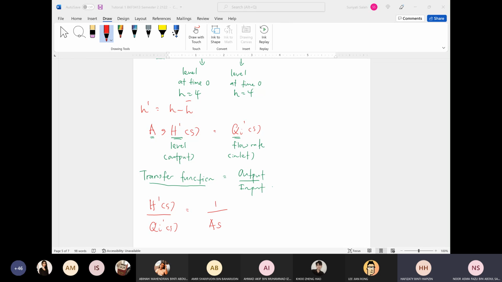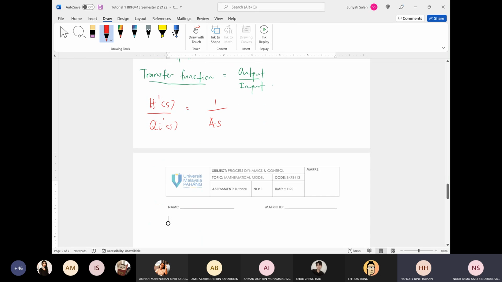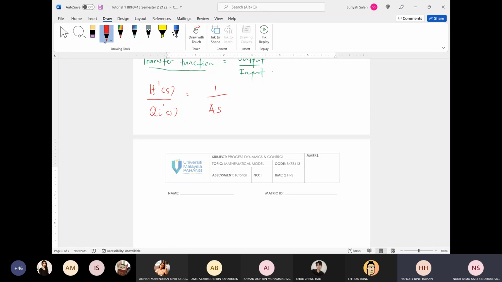So the next step involves what we call the inverse Laplace.